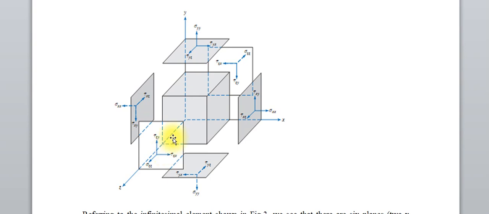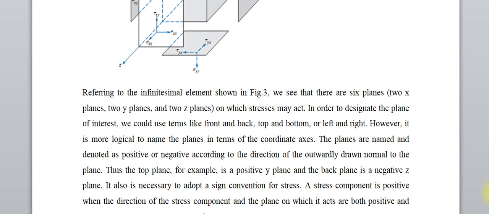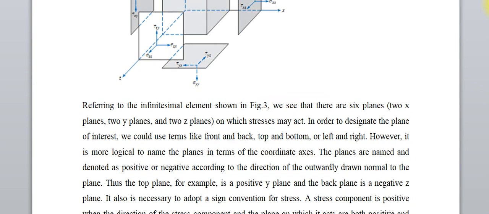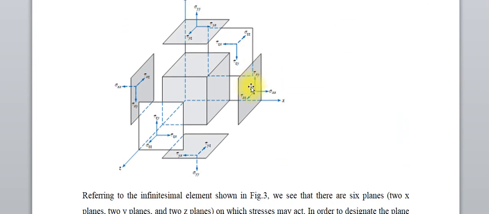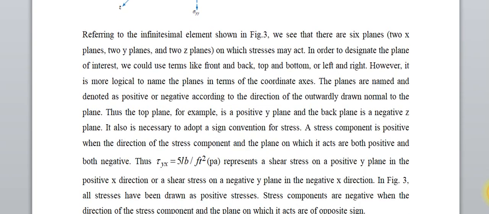This is front and this is back. So you can see we have just considered the three mutually perpendicular surfaces, this one, and this one. 3 perpendicular surfaces, which consist of 9 stresses.